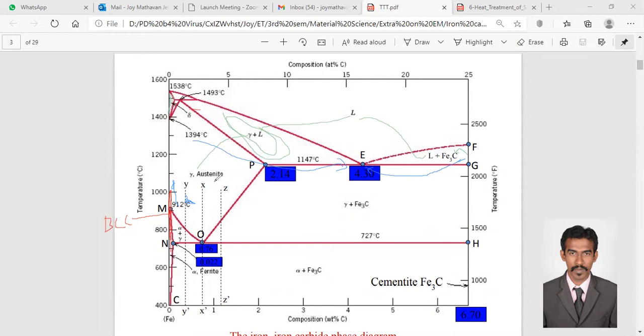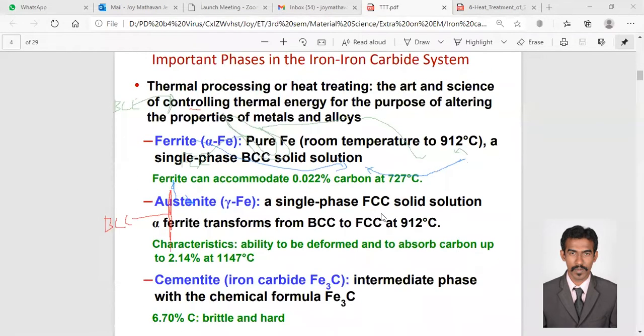From austenite, that is gamma Fe, to delta Fe, it is changing its phase at 1394 degrees Celsius. This structure is again BCC, so from FCC it is turning to BCC again at 1394 degrees Celsius.